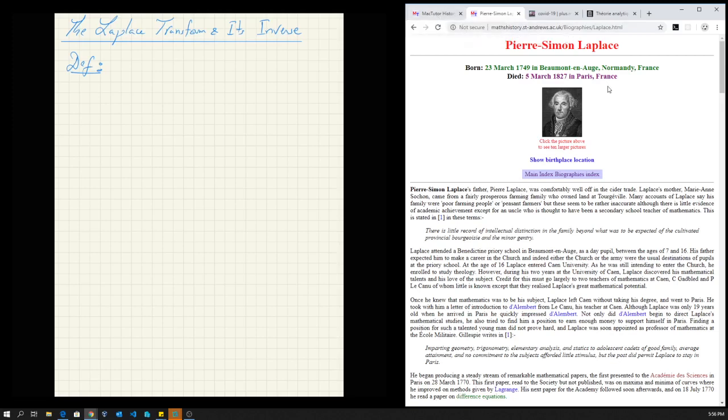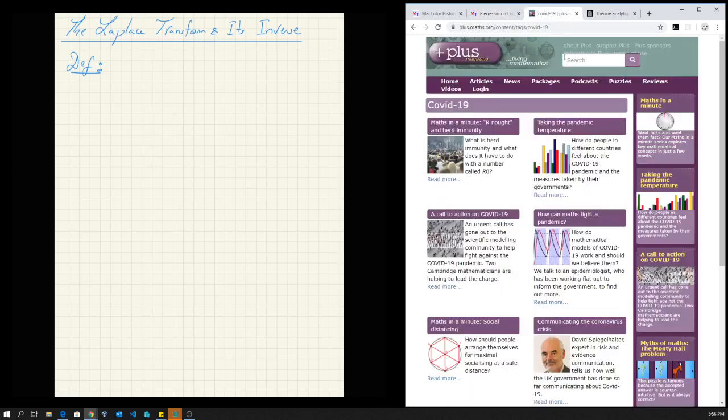The other thing that I want to mention, this is not necessarily about Laplace transform, but there's another very highly rated website that relates to a British magazine on mathematics and sciences called Plus Magazine, and this is their website.